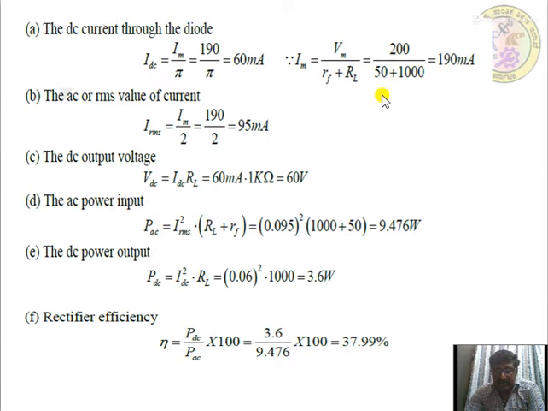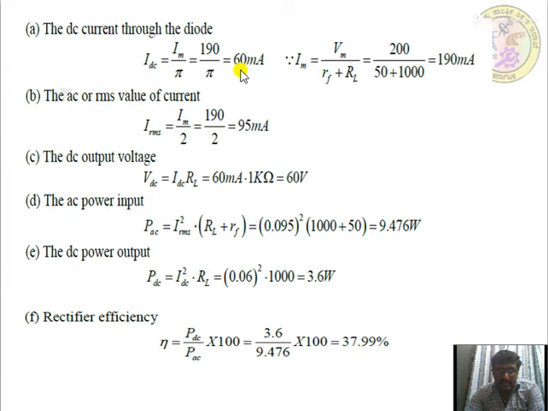RF is 50 plus RL is 1 kilo ohm, that is 1000. If we calculate, we get 190 milliamps. So this is the IM value. Taking IM equal to 190 milliamps divided by pi, we get about 60 milliamps. So this is the DC current through the diode, IDC equal to IM by pi.